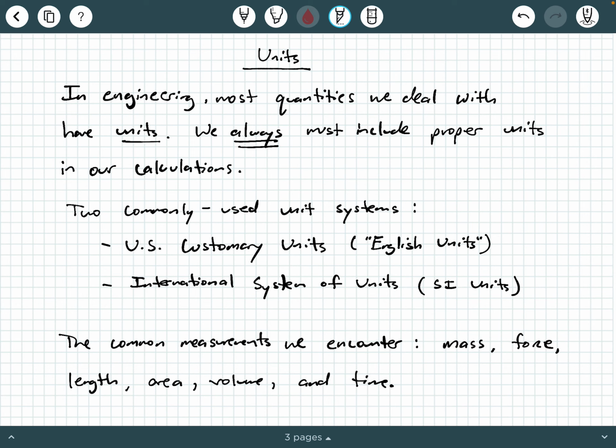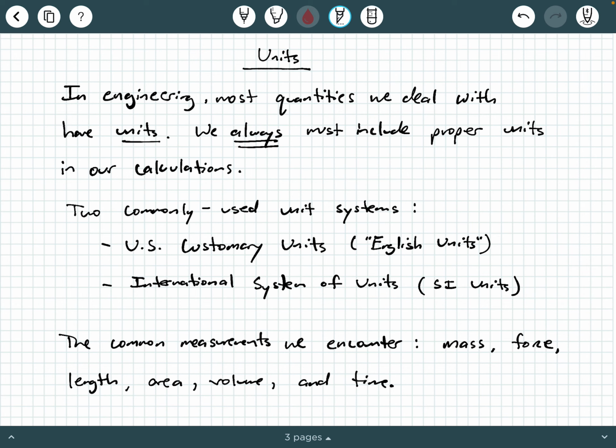Because of our education system in the US, we typically learn about both of these unit systems. But again, we see more often U.S. customary units, or what we commonly call English units here in the United States.